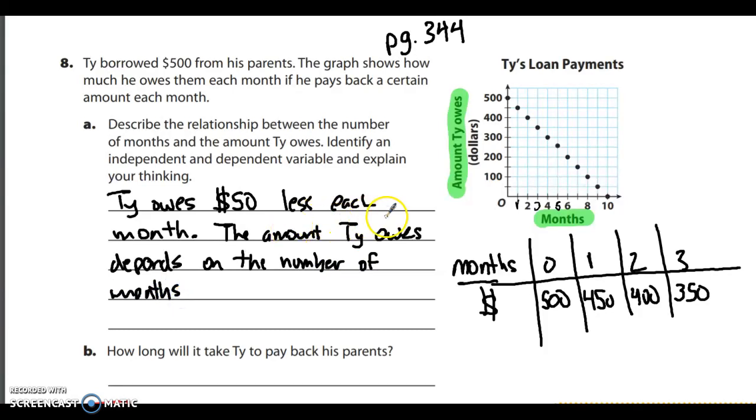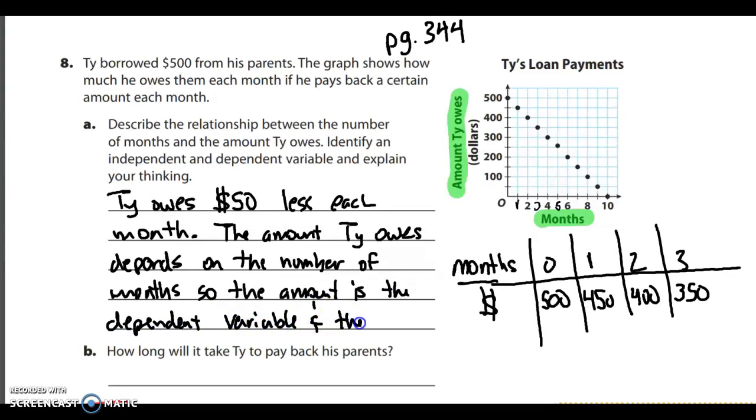The amount Ty owes depends on the number of months. So the amount is the dependent variable, and the months are the independent variable.